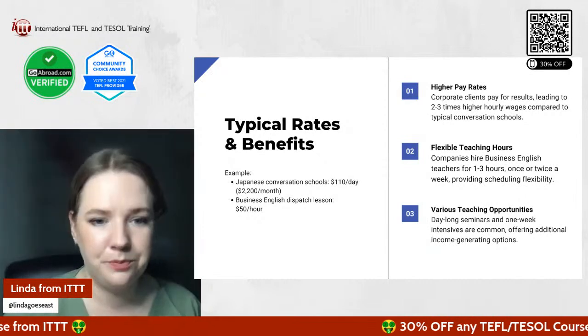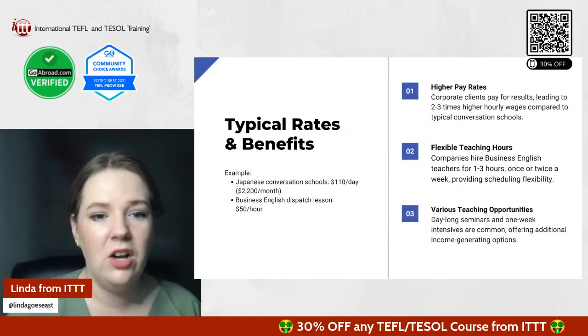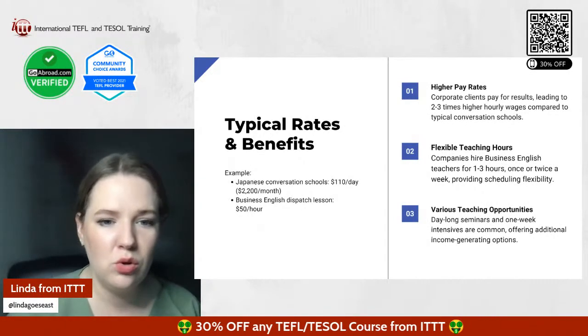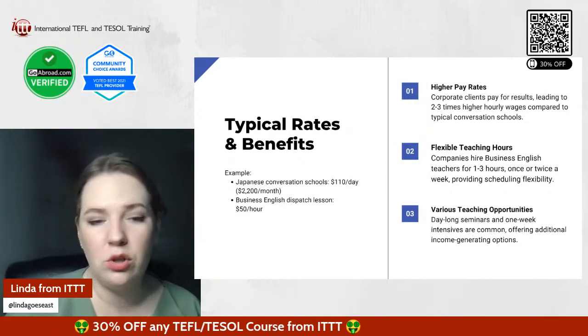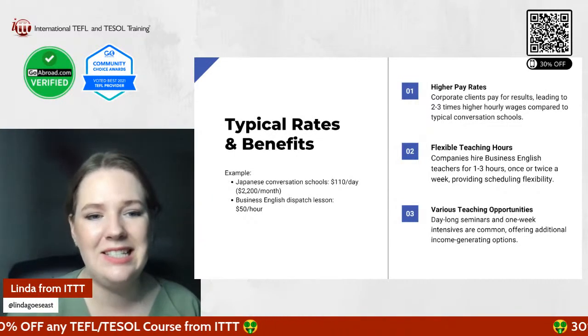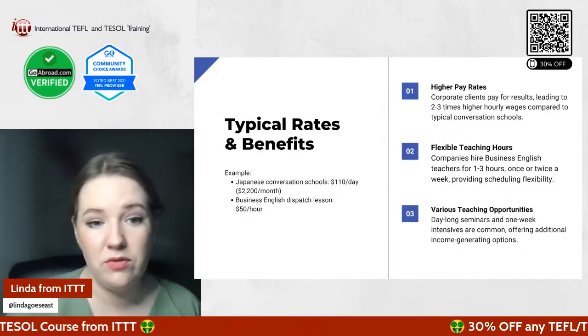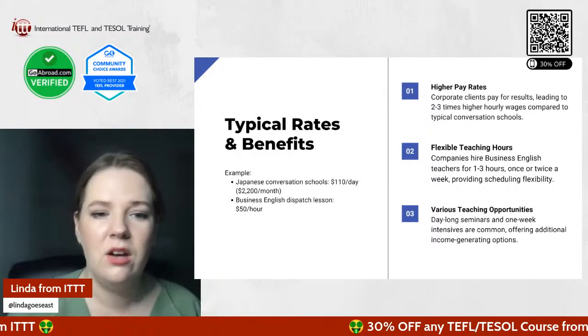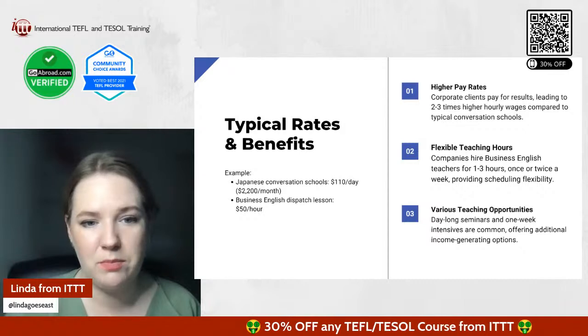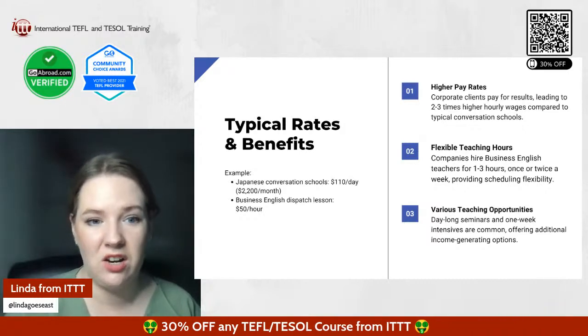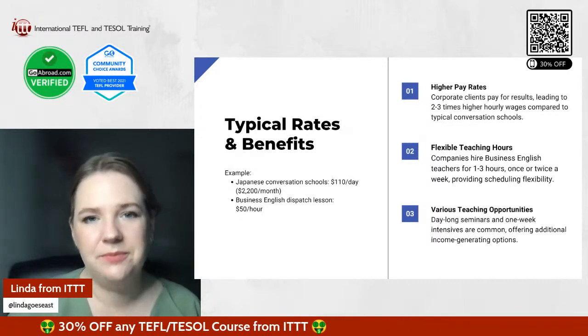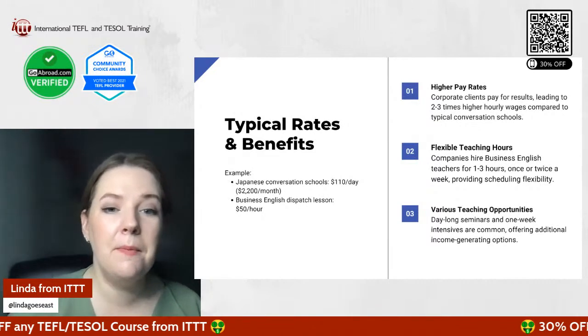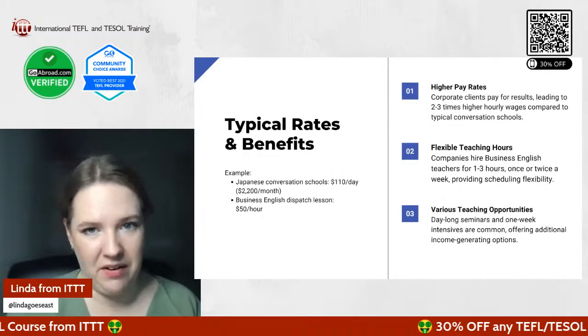So for example, in Japan, a Japanese conversation school, a regular school, would pay you $110 a day, and this would convert to about $2,200 a month, versus a business English dispatch lesson, they pay $50 an hour. So you can calculate that up, and that's a lot better.